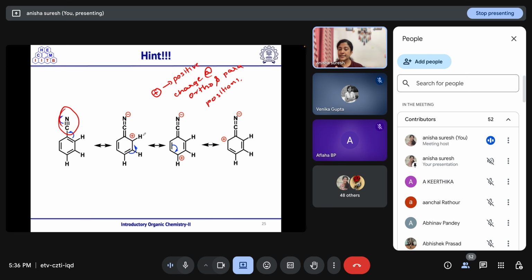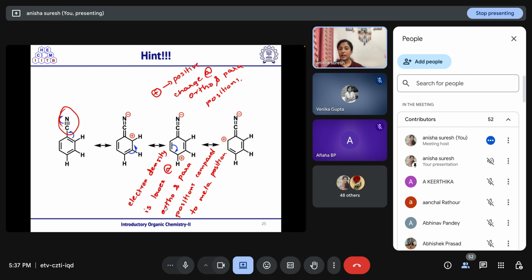Okay, so in this case at ortho and para position, since this positive charge is present, the electron density will be lower at ortho and para positions compared to meta position.